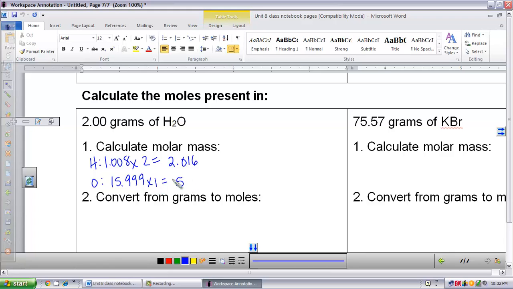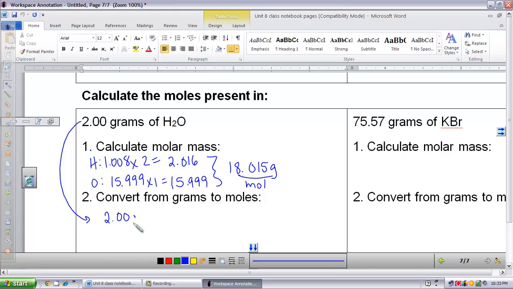There's 1 of those. Okay. When you add those up, you get 18.015 grams per mole.